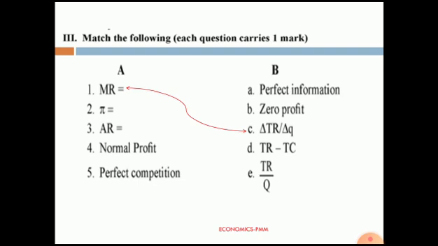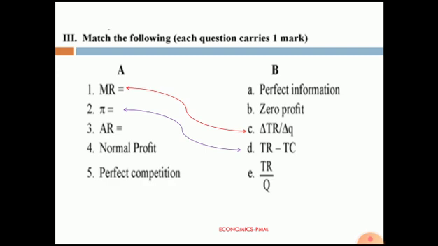The symbol indicates what? It indicates profit, pi. Pi is equal to TR minus TC. So the profit formula is nothing but total revenue minus total cost.